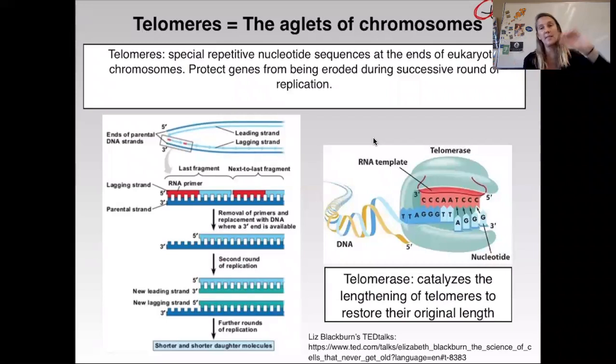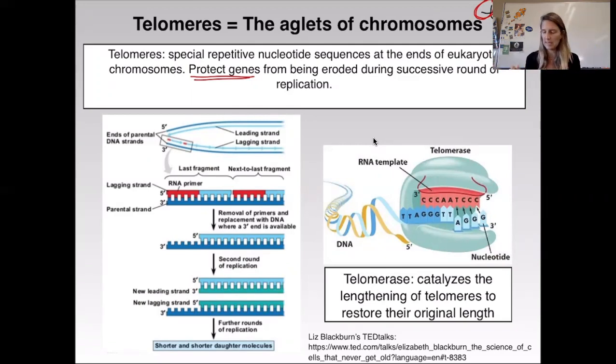So aglets are the things on the end of your shoelace that keep the shoelace from unraveling, right? And telomeres are on the ends of chromosomes and they keep them from unraveling. So telomeres are a special repetitive DNA nucleotide sequence at the ends of these eukaryotic linear chromosomes, and they protect the DNA or the genes from being eaten down after many rounds of replication.